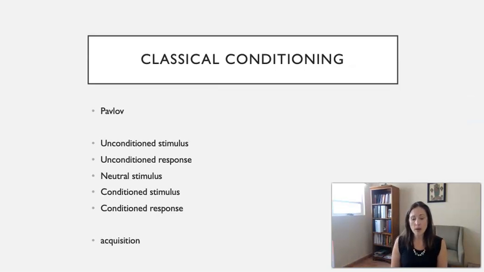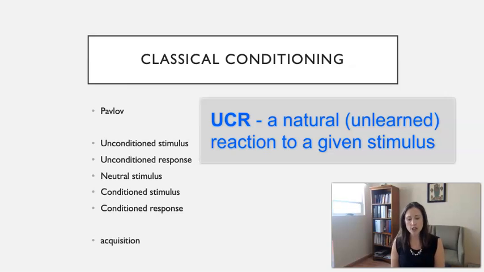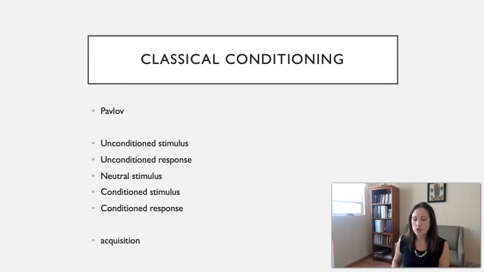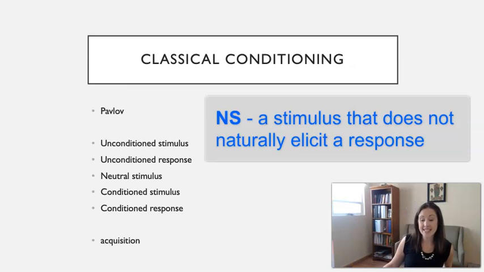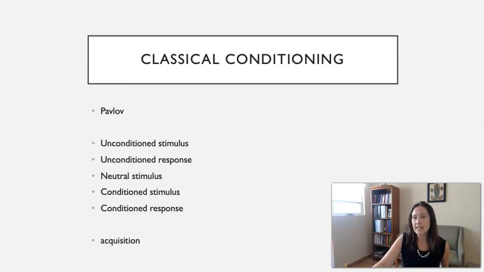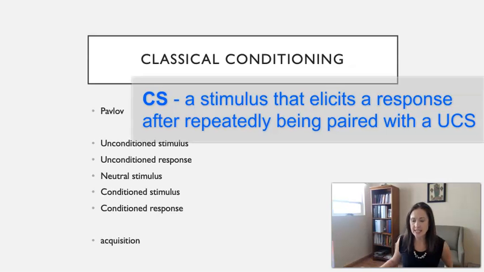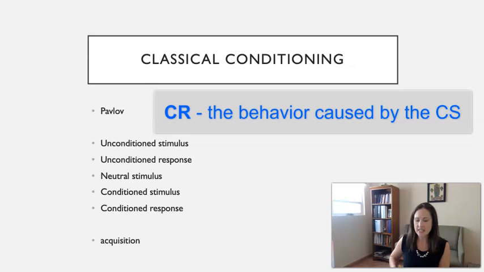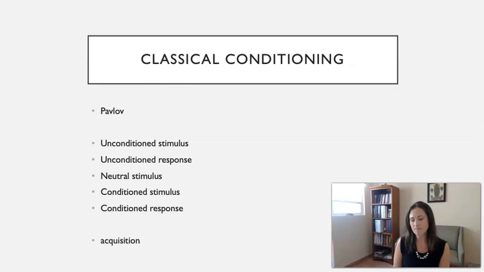The unconditioned response is a natural, unlearned reaction to the unconditioned stimulus. The neutral stimulus is a stimulus that does not naturally elicit a response. The conditioned stimulus is a stimulus that elicits a response after repeatedly being paired with an unconditioned stimulus. And then the conditioned response is the behavior caused by the conditioned stimulus.